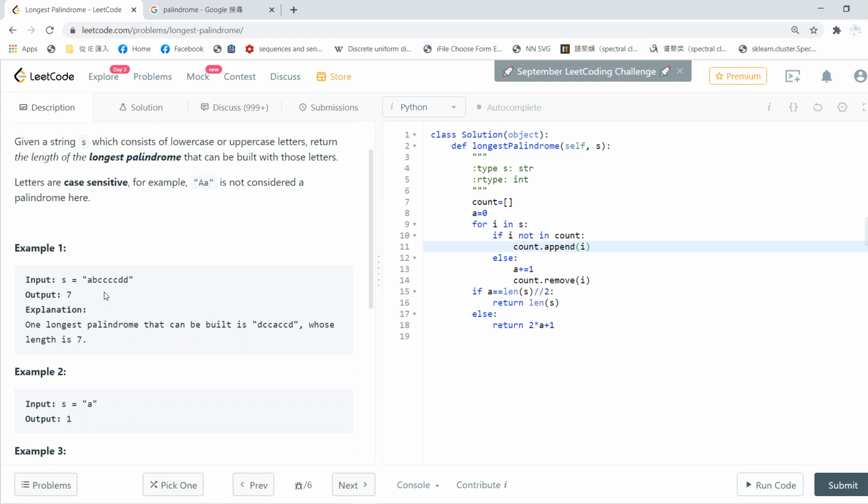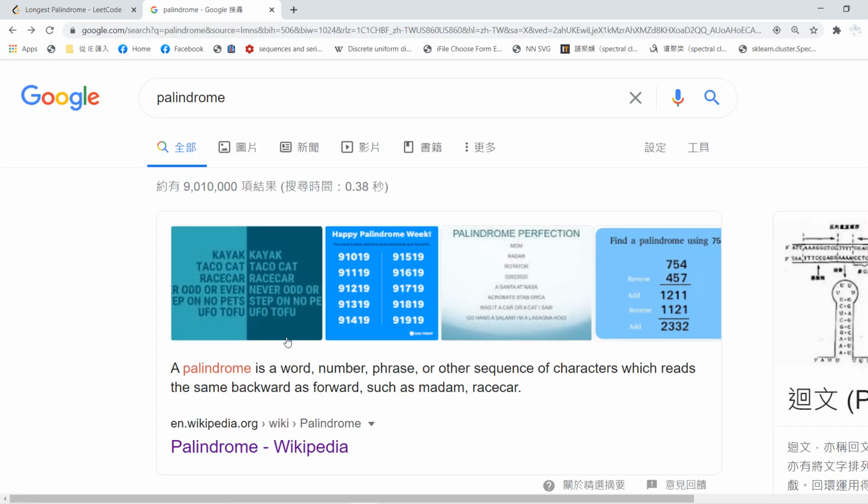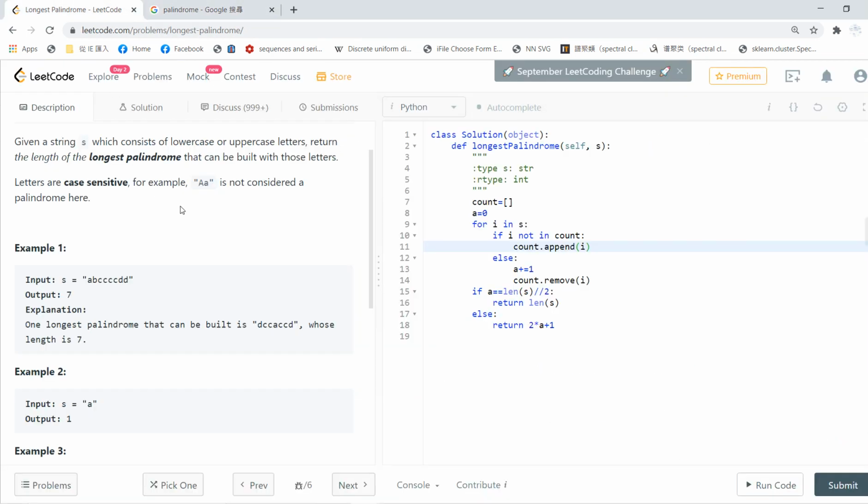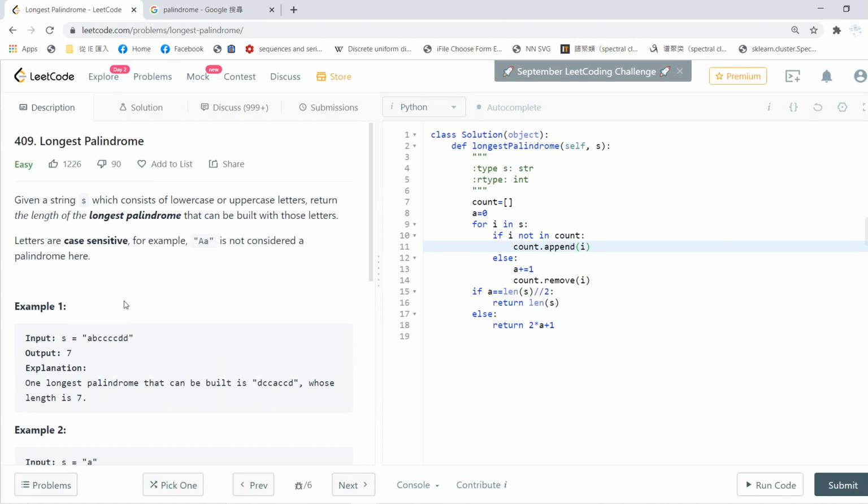So for example, A, B, C, C, C, D, D, you can collect D, C, C, A, C, C, D, whose length is 7. So from this observation, we know that suppose we can find some character which happens twice, then the longest palindrome must have that character.